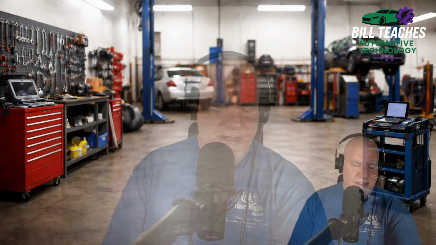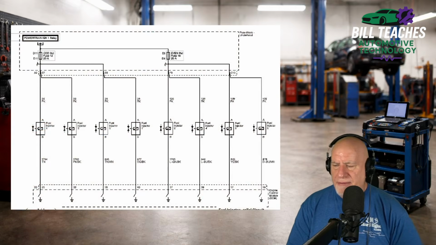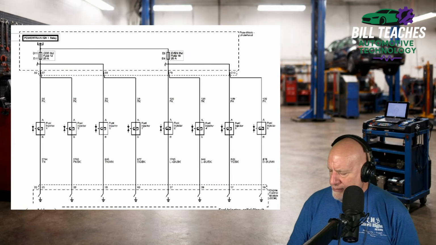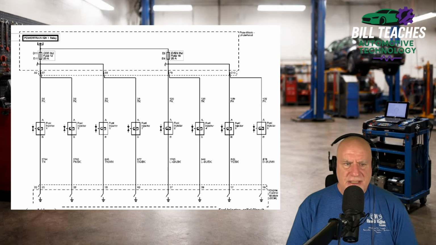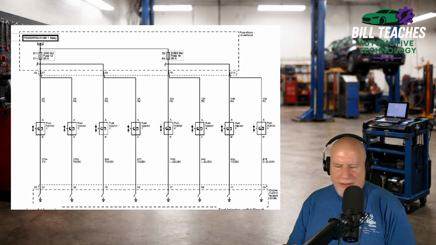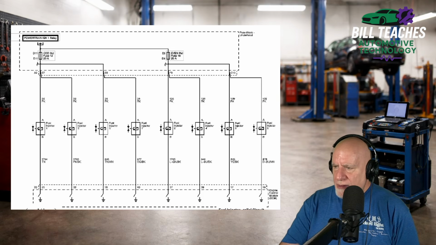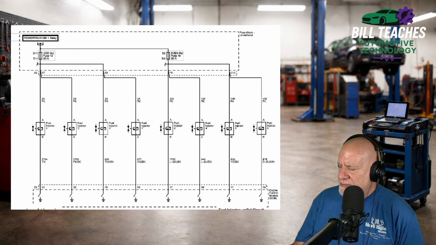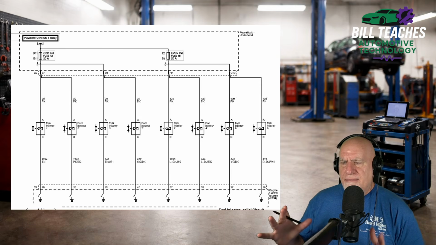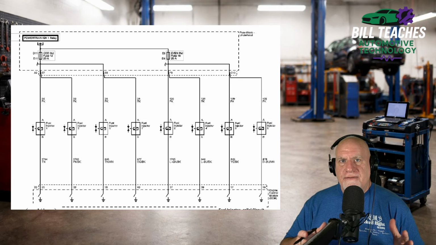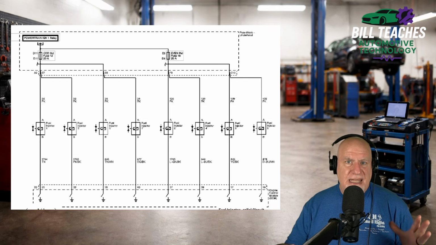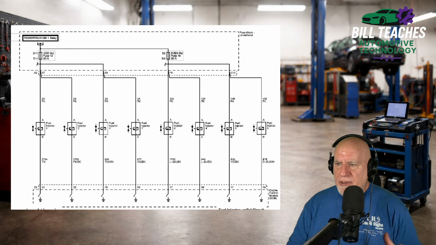So let me share the diagram here. What we're looking at is a wiring diagram of a V8 fuel injection circuit off of a vehicle. I'm going to show you some quick things, and then I'm going to cut the wiring diagram in half just for the sake of being able to see things more clearly.